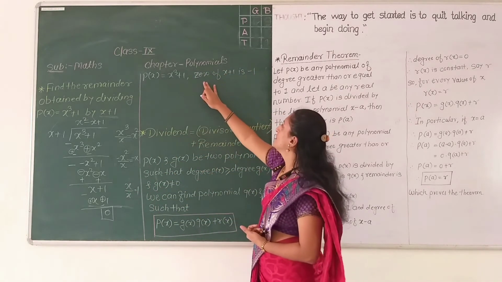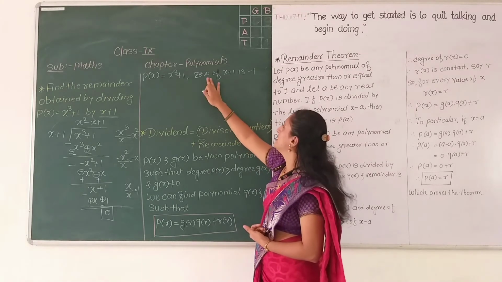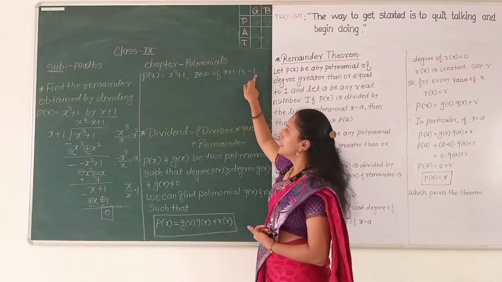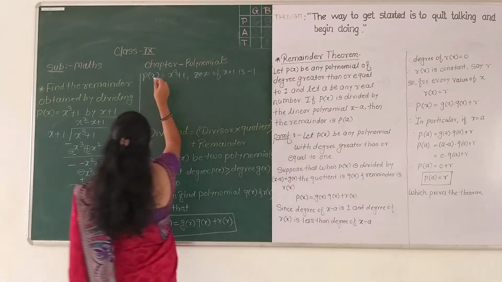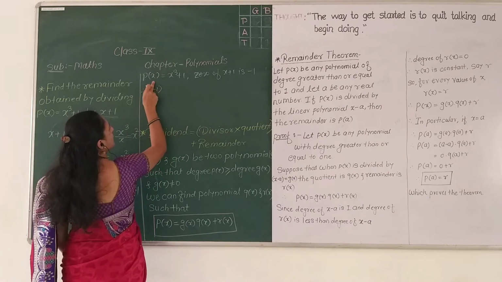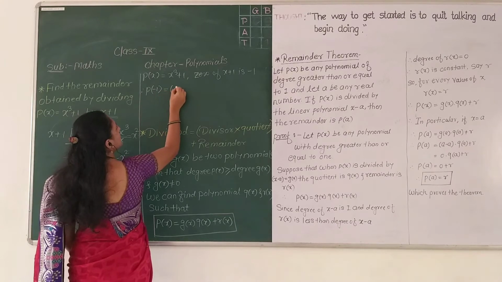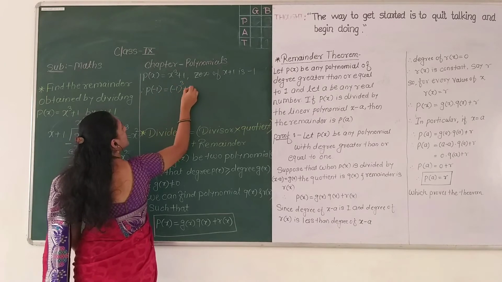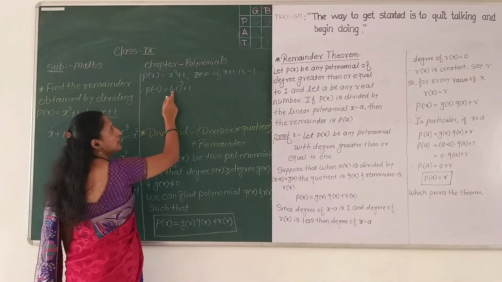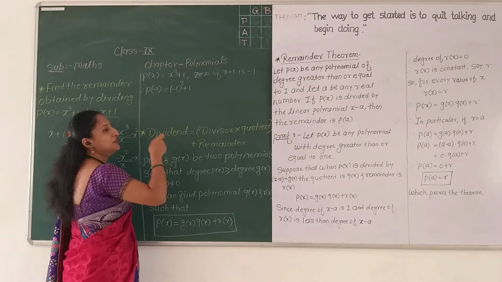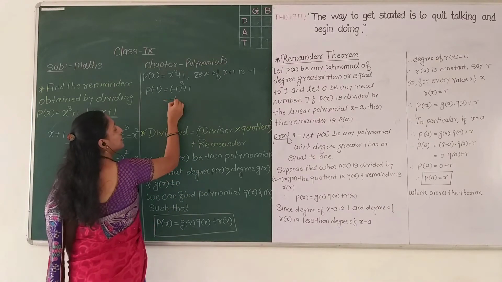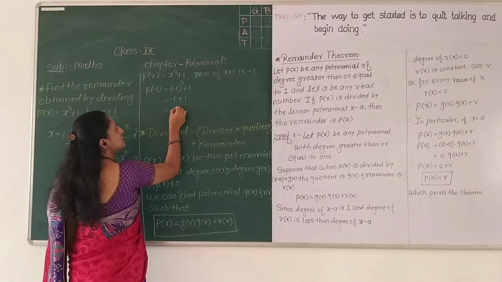Now all of you know how to calculate the zero of a polynomial. If I substitute x is equal to negative 1 in p of x, I will get negative 1 cube plus 1. Now in negative 1 cube the power is odd, that means negative 1 into negative 1 into negative 1. The answer is negative. So here negative 1 plus 1, which is 0.